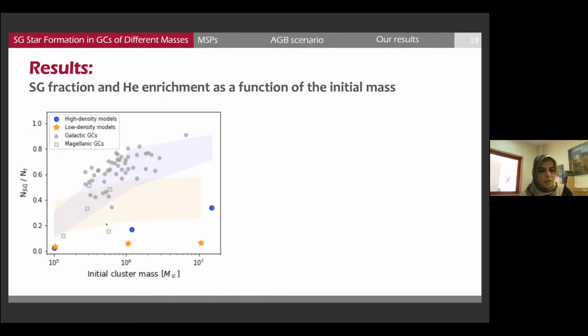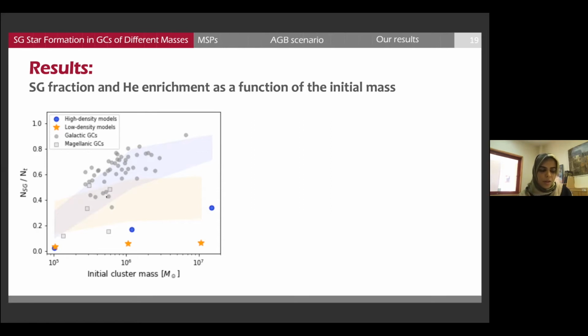We simply rescaled our values by a factor between 5 and 20, and we obtained this shaded line, as you can see here, for our high density and low density simulations. I think that incorporating such a correction gives us a good agreement between our high density simulation and the observation.